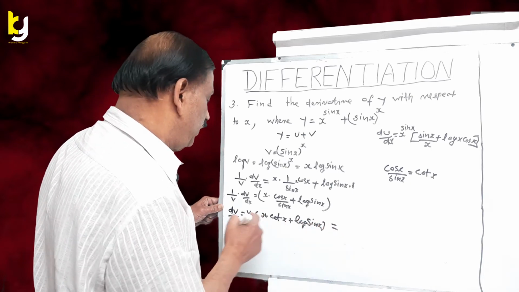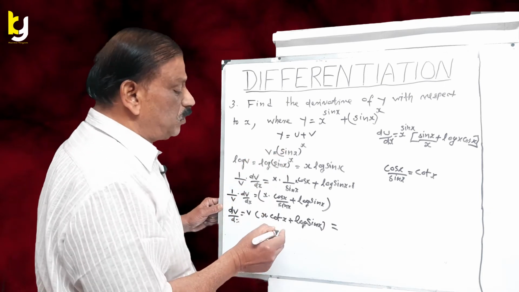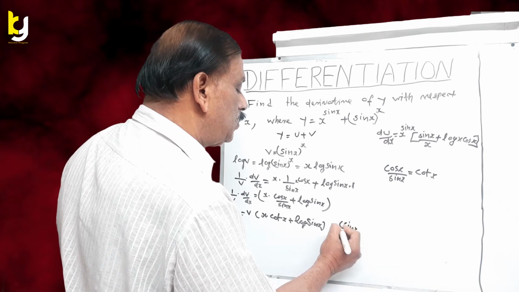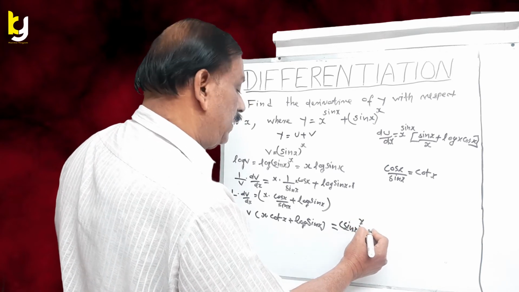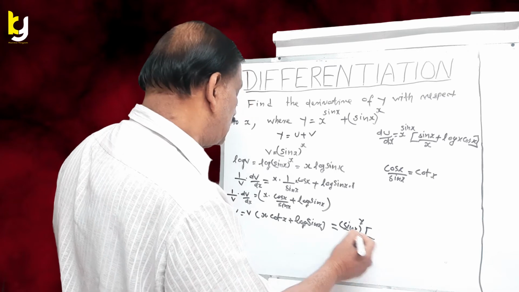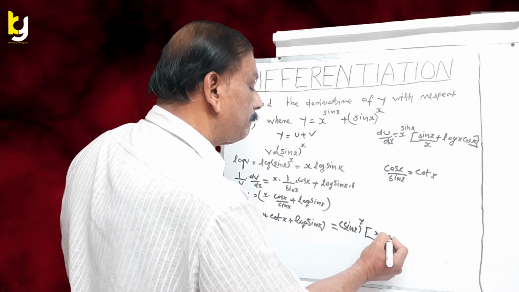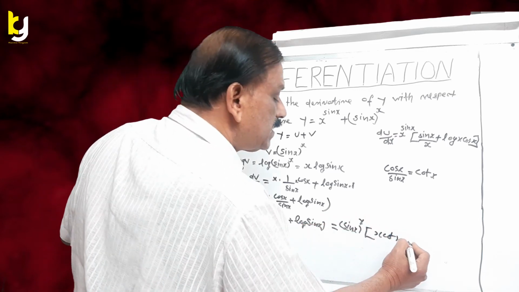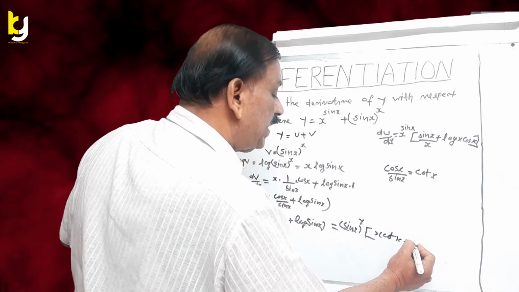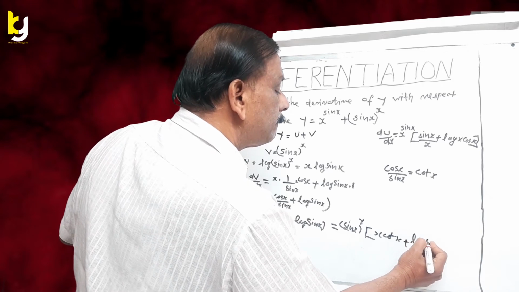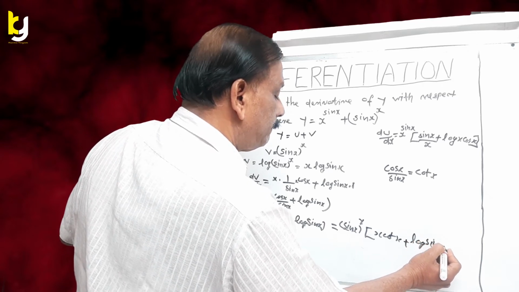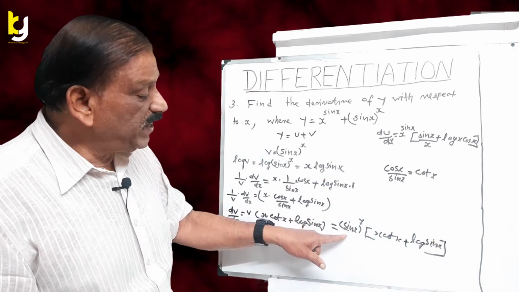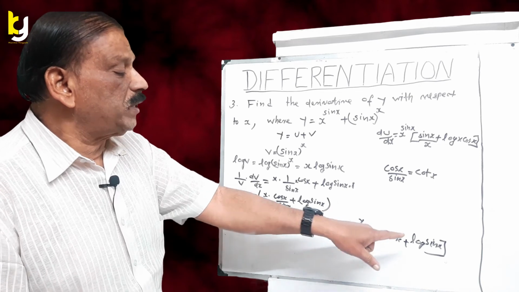That is equal to v. V is sin x to the power of x. Sin x to the power of x into x cot x plus log sin x. Clear? dv by dx equal to sin x to the power of x into x cot x plus log sin x.